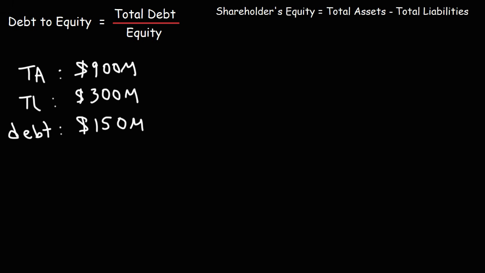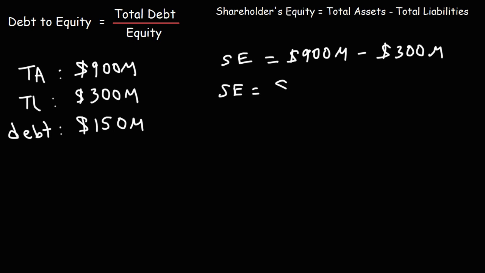With this information, what is the debt to equity ratio? Well, the first thing we need to calculate is the shareholder's equity, which is the difference between the assets and the liabilities. The total assets is 900 million, the total liabilities is 300 million. So the shareholder's equity is the difference between the two, it's 600 million.